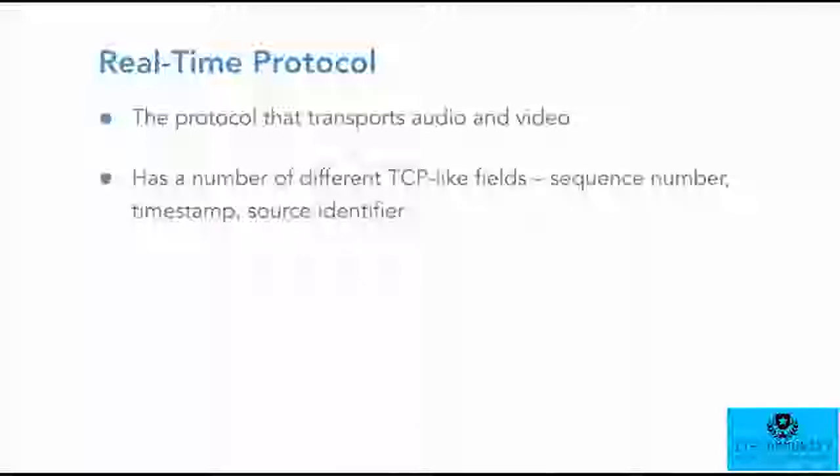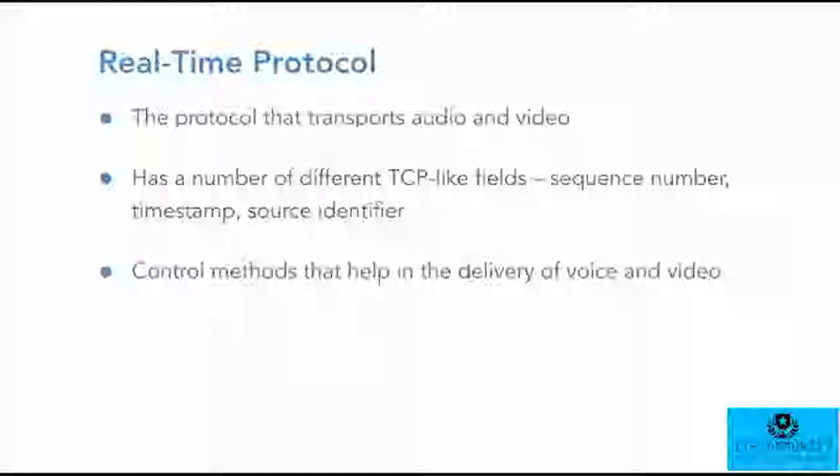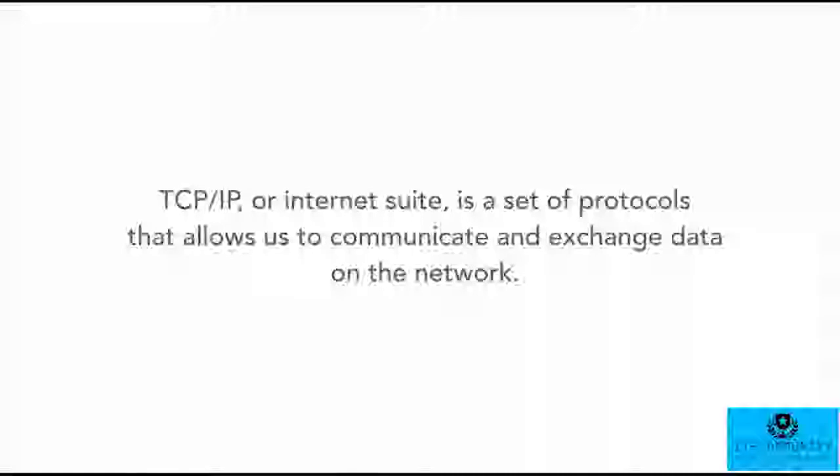However, we will see that RTP, the protocol that transports audio and video, has a number of different TCP-like fields, such as sequence number, timestamp, source identifier, and control methods that help in the accurate delivery of voice and video. TCP/IP, or the Internet Suite, is a set of protocols that allows us to communicate and exchange data on the network.